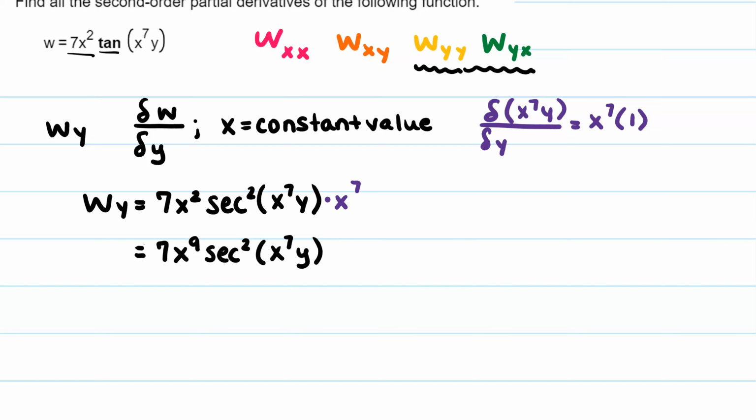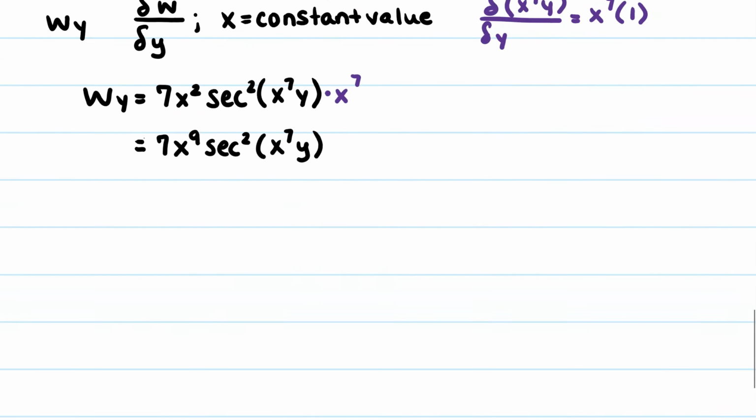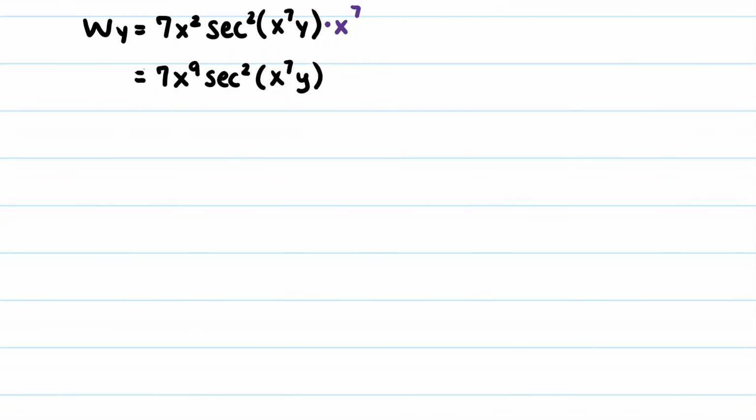So now if we want w sub yy, we're going to do this same process with w sub y, and we're doing this process with respect to y again. So we're going to take w sub y and we're going to hold x as a constant and take the derivative. So 7x to the 9th is going to come straight down because it's a coefficient on this guy.